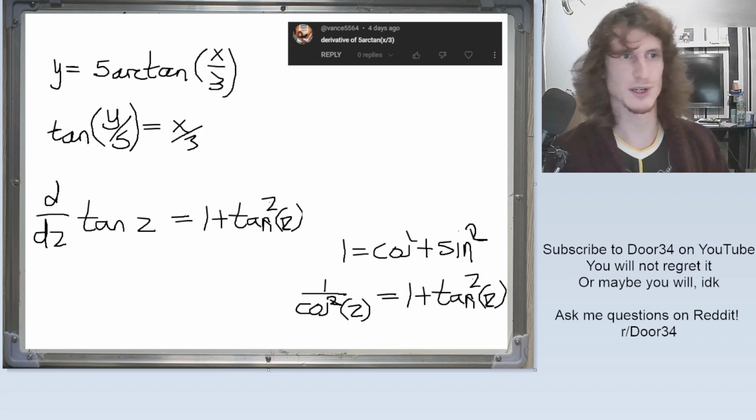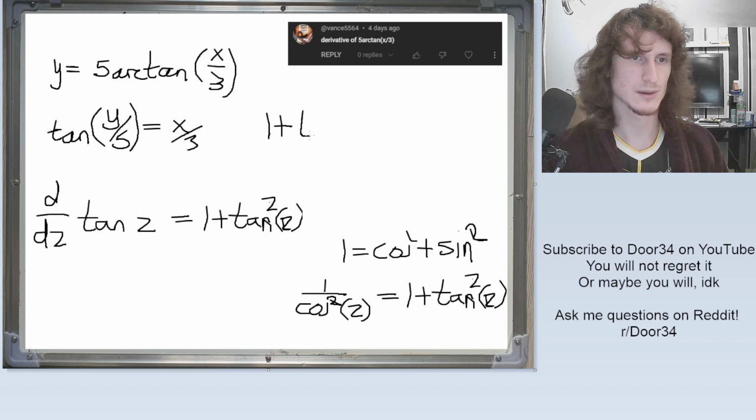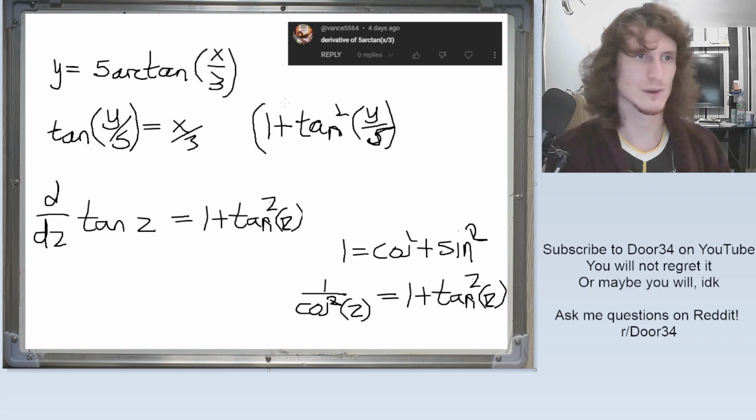If I differentiate this with respect to y, I've just shown that's 1 plus tan squared of y divided by 5, and we need to remember the chain rule as well, so this is going to be 1/5 of this.